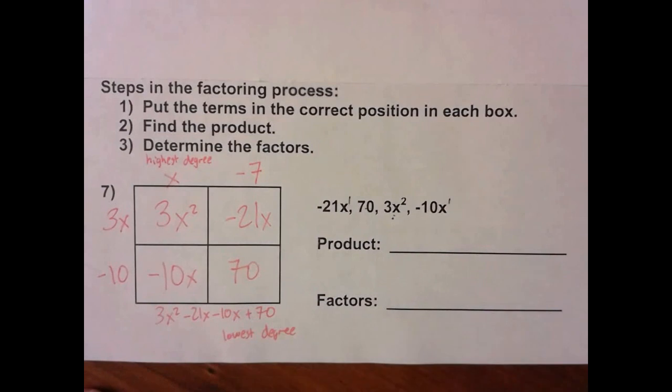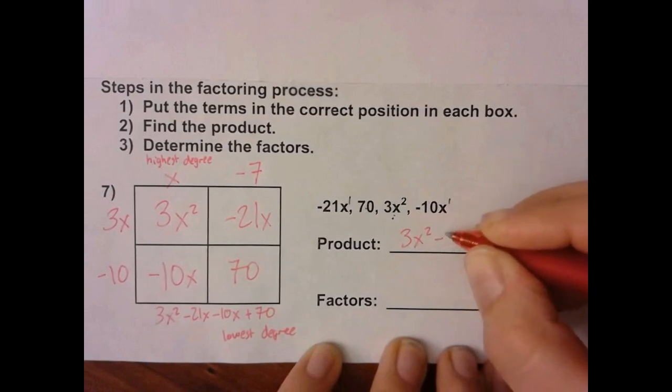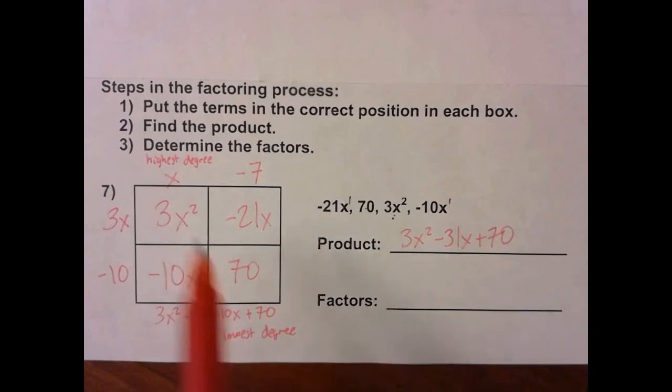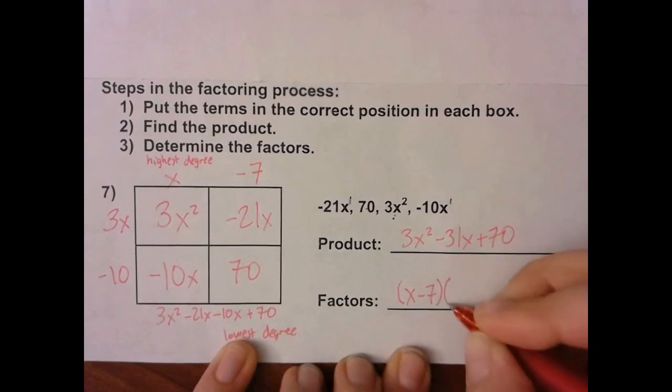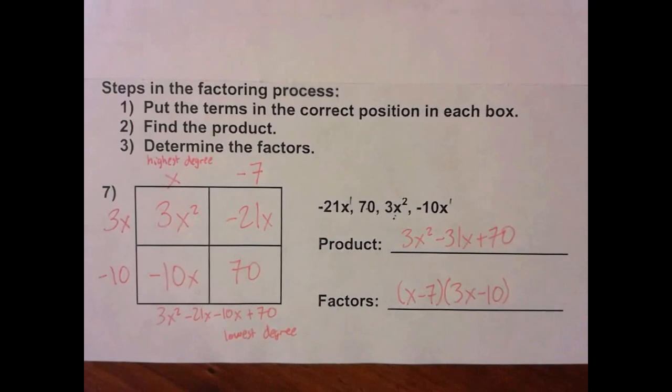All right, combine your like terms, find out what your product is. And then look at your sides to find out your factors. That's it. You've got some practice. Let me know if you get stuck.